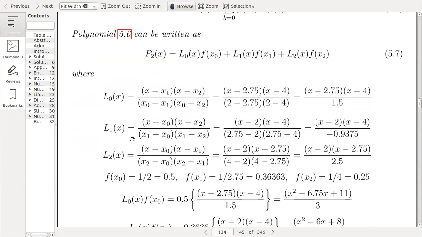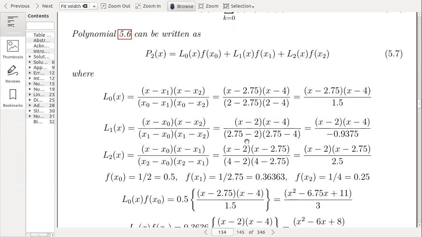Similarly, for the second Lagrange interpolating coefficient L1 of x, we have x1 minus x0, x1 minus x2, and the same factors as a numerator, but replacing x with x1.